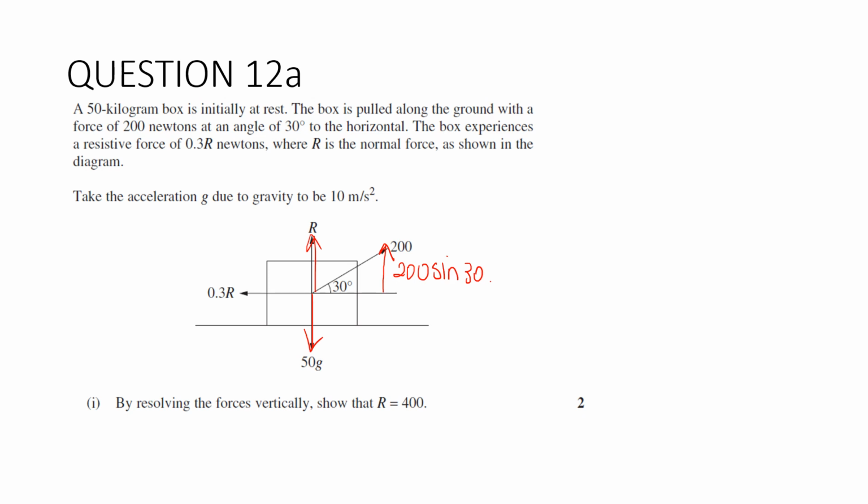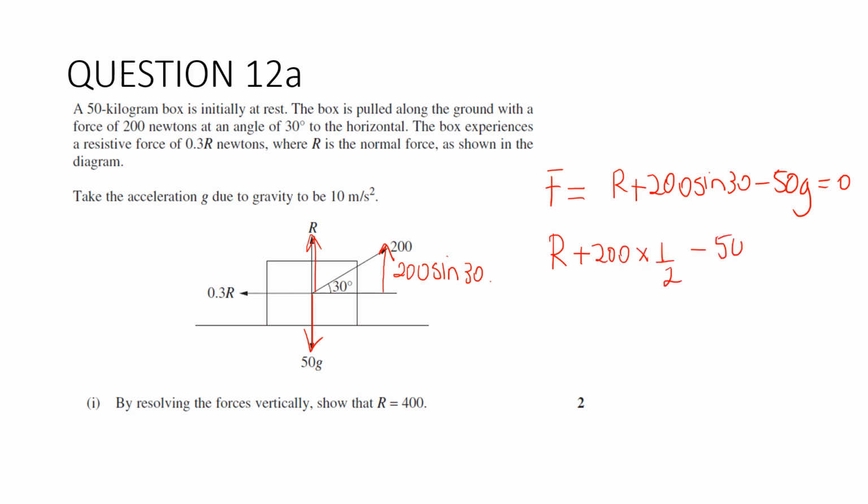So there is a net force here of R plus 200 sine 30 minus 50g, and that has to equal 0. So just solving this is pretty easy, isn't it? R plus 200 times a half minus g is 10 is equal to 0. R plus 100 minus 500 is equal to 0. R is equal to 400.